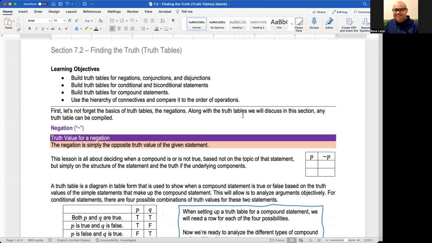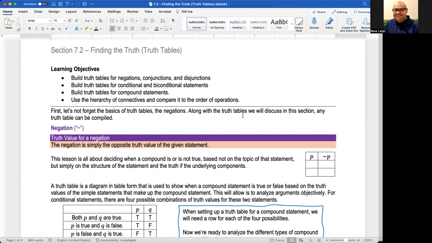Our learning objectives are that we're going to build truth tables for negations, conjunctions, and disjunctions. Remember, a conjunction uses the connective word and. The disjunction uses the connective word or. We're going to build truth tables for the conditional and biconditional statements, the if-then and the if and only if.